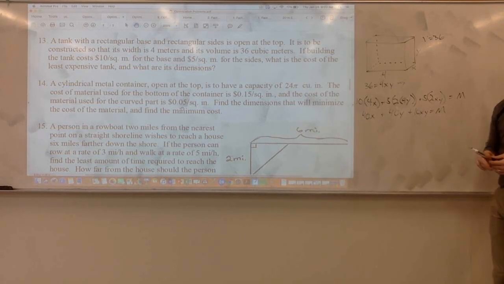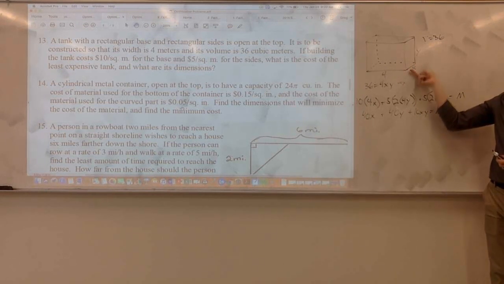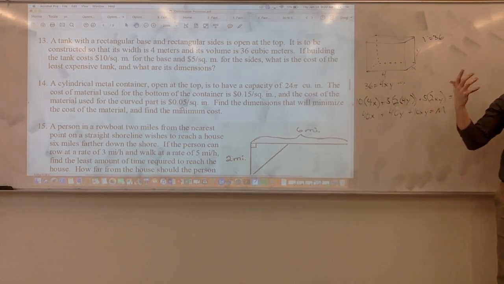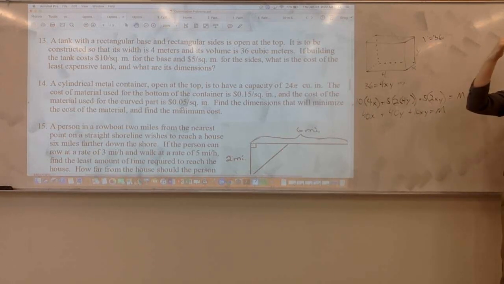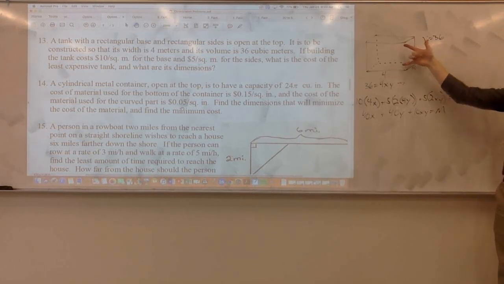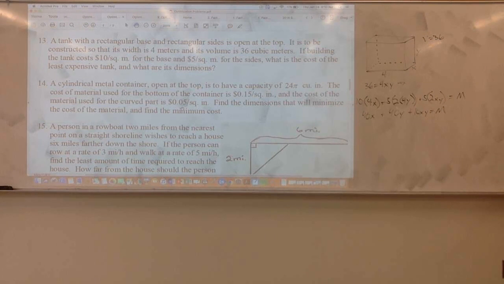That's a good thought, but in this case not necessarily, because x has to do with the base, which costs more than the height, than the sides. So it is probably not going to end up working out like that, but that's a good thought.